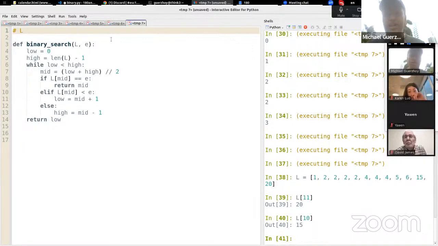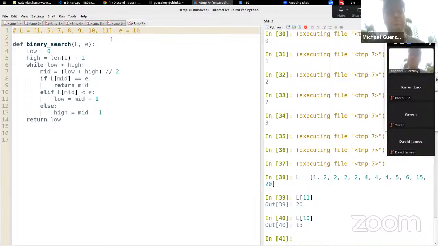So the strategy is we are thinking of a list, like maybe something like this. And we're looking for an element, so maybe the 10. So what we're saying is we'll define the index low, and that is going to be initially 0.